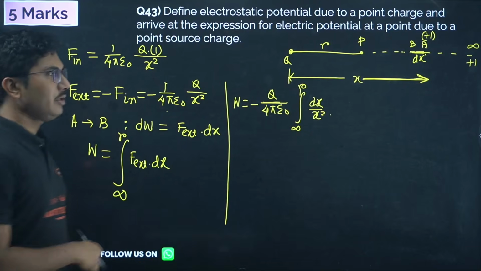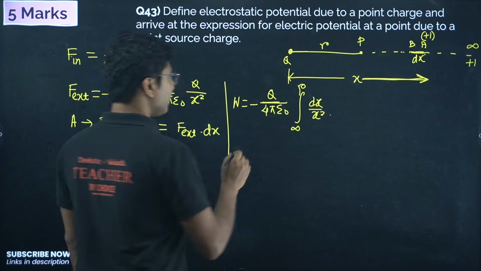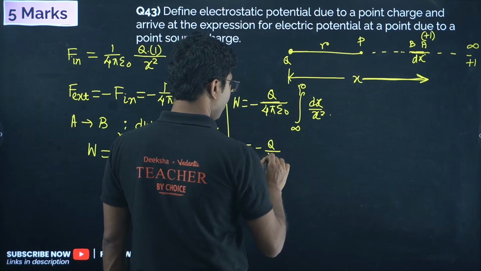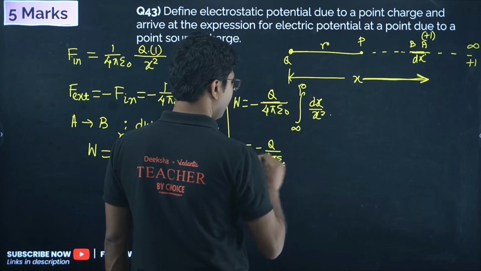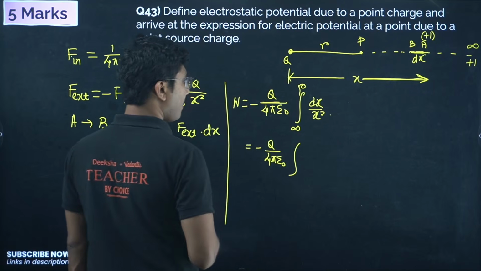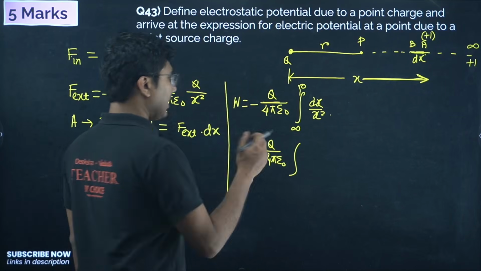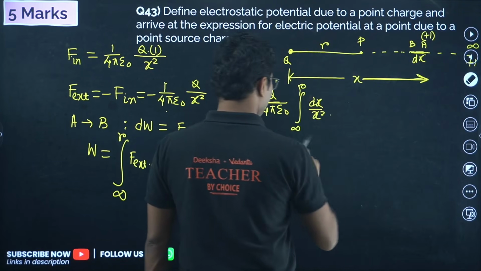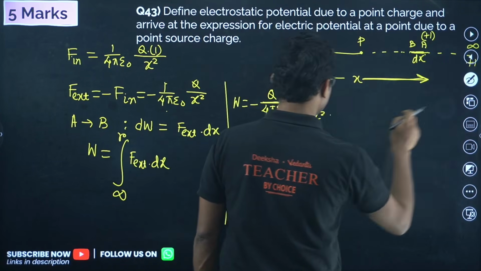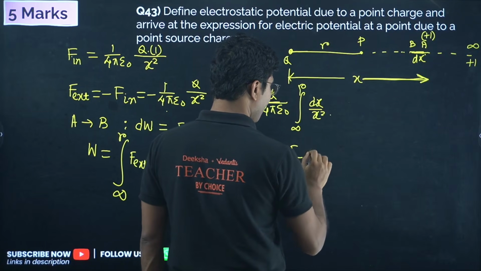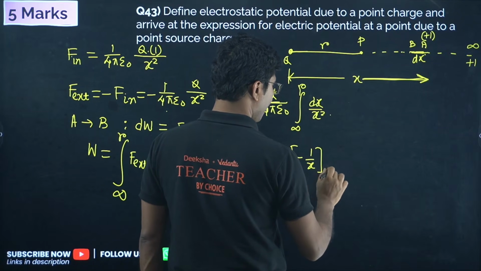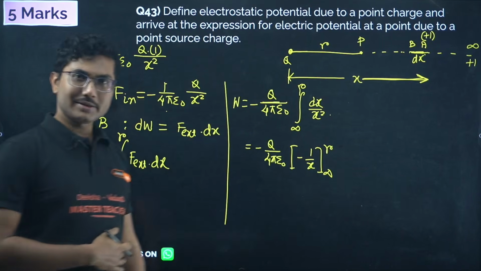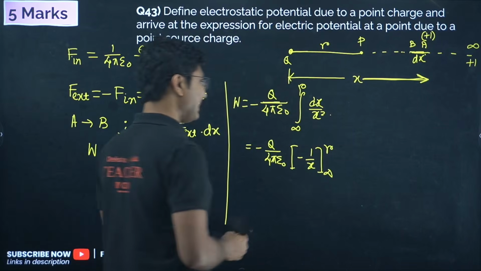So that will be minus q upon 4 pi epsilon naught integration of dx by x square. You can do the integration yourself. Oh my god, sir, this is a very difficult integration, is it? We have to do the integration of 1 by x square and we will get minus 1 by x. It is not difficult, it is easy.